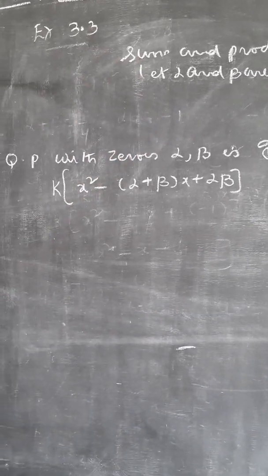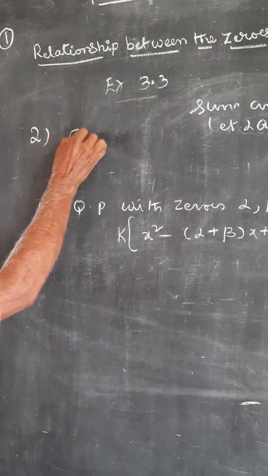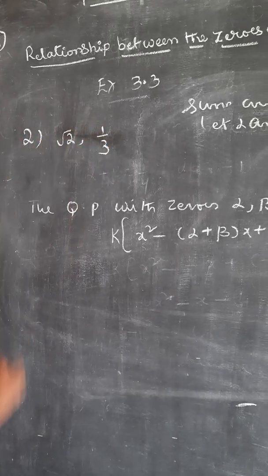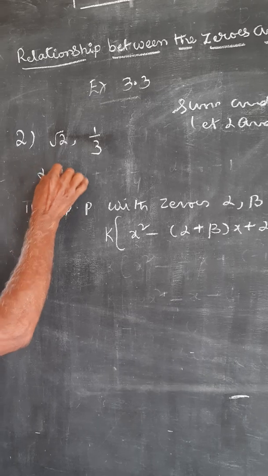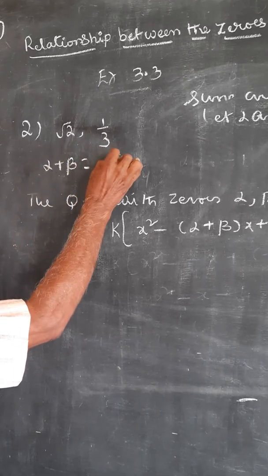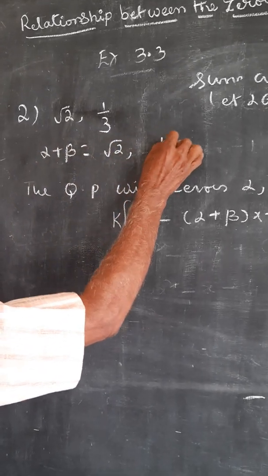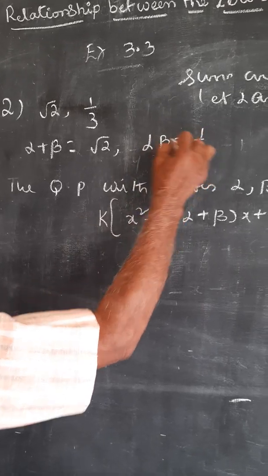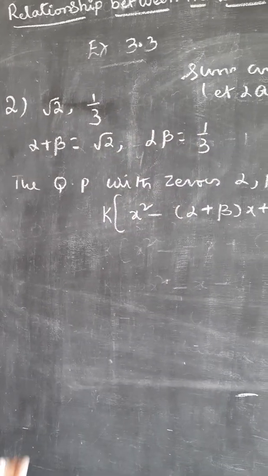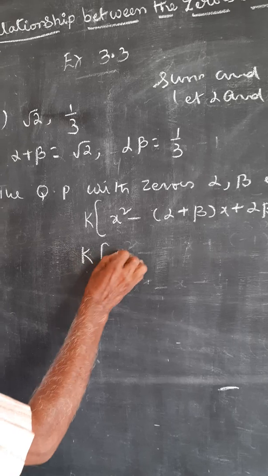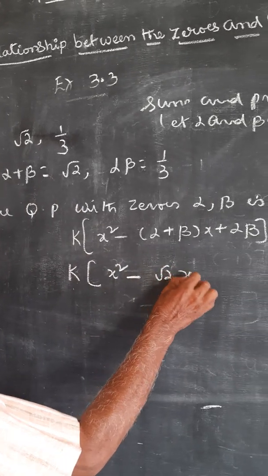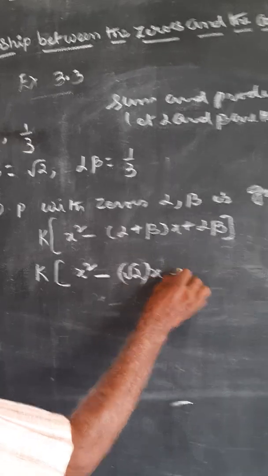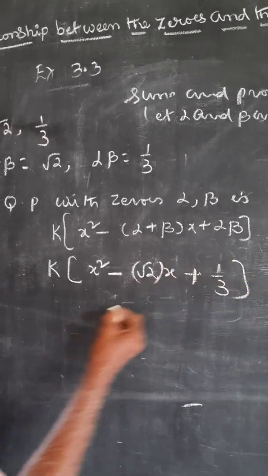Second bit: root 2, 1/3. So let alpha and beta be the zeros. Given sum of the zeros alpha plus beta is equal to root 2, and the product of the zeros alpha beta is equal to 1/3. Substitute the values in the formula: k[x² − root 2 x + 1/3].